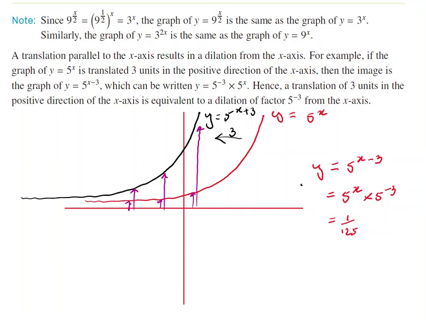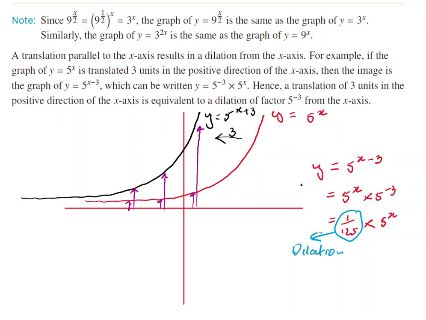So I'm going to put that whole number in front there. It's not really a whole number, is it? That number in front times 5 to the x. So that, written in that form, because the number is in front, that's your dilation. So the dilation is 1 on 125 from the x-axis, or 3 units in the positive direction of the x-axis.